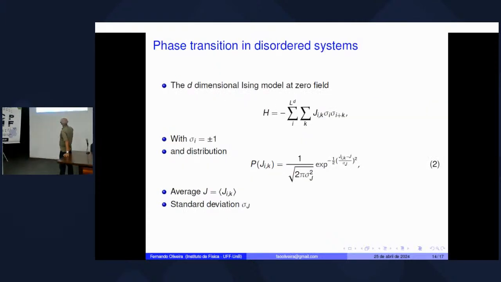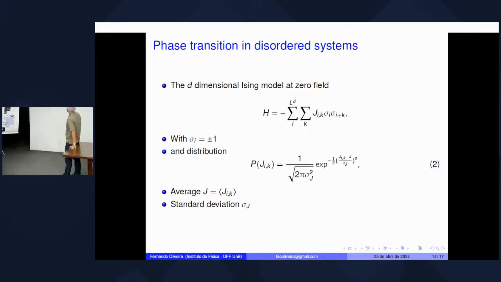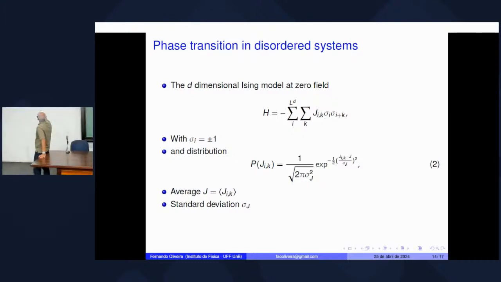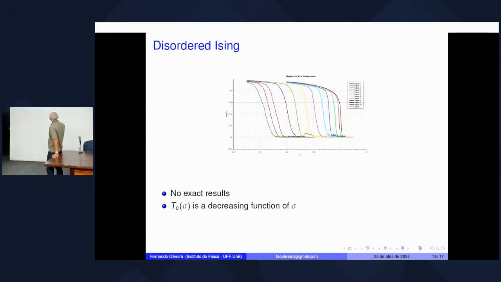We are studying now how those things behave when you have a system which has a distribution like that, for example, an Ising model which is not uniform, but a disordered system. And we can see some results of that. We have not finished that. For example, as you increase the disorder, the magnetization of the system becomes less and less.